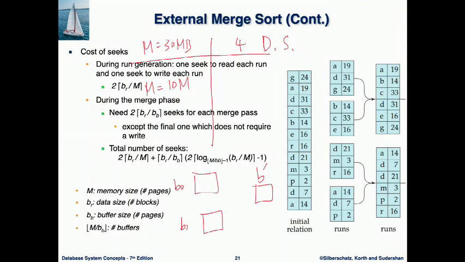But now buffers are smaller. So what's going to happen is, obviously, if we are using the same amount of total memory, then we, in general, will merge more runs into one run. So when each buffer is smaller, then we can introduce more buffers.